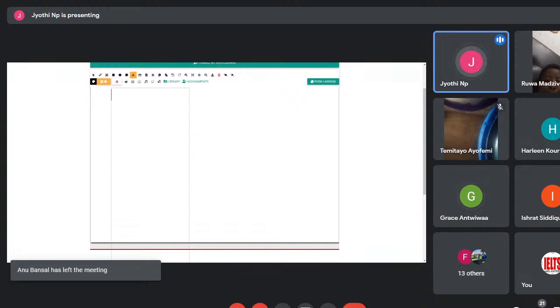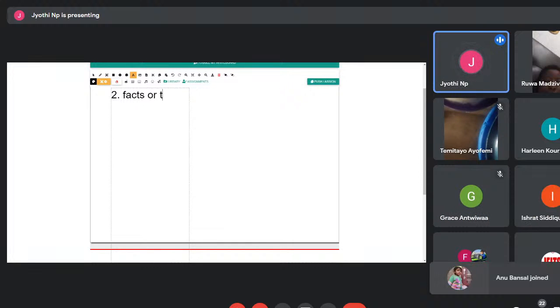So the second situation is whenever we want to express the truth or facts. Whenever we want to express facts or the truth, or even a statement, we usually use the simple present tense.